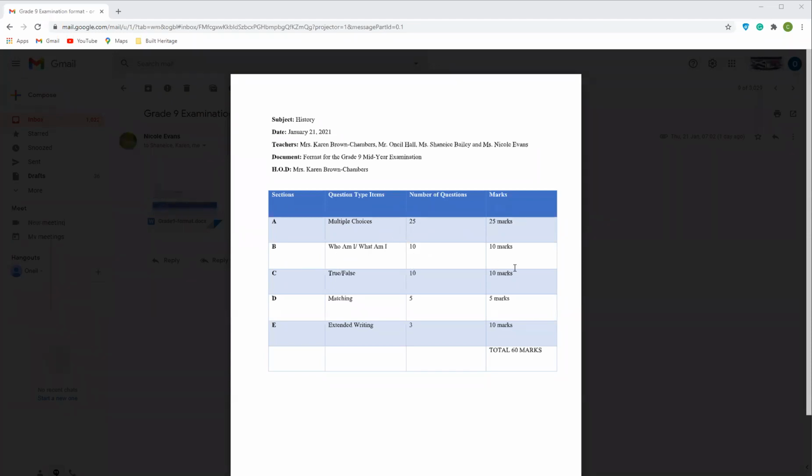It's fill in the blank. C, true and false, 10 marks. D, matching, 5 questions, 5 marks. And E, extended writing, 3 questions, 10 marks.